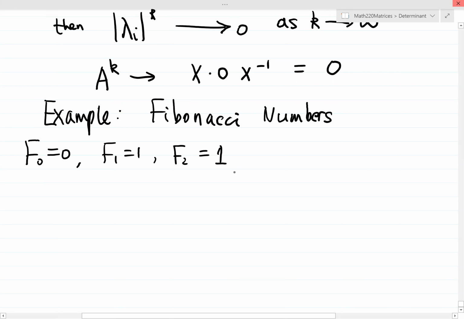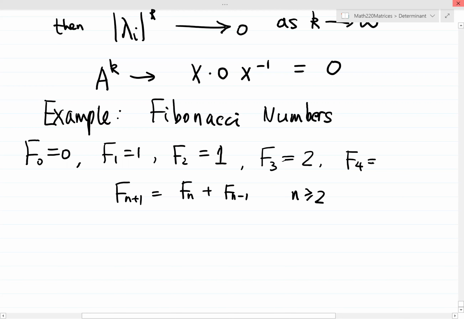Then f(n+1) is fn plus f(n-1), for n greater than or equal to 2. So f3 is the sum of the two terms before it, f1 plus f2, which is 1 plus 1, 2. Then f4 is f3 plus f2, 2 plus 1, 3. f5 is 3 plus 2, 5. f6 is 5 plus 3, 8.